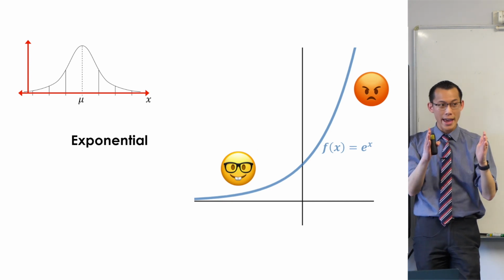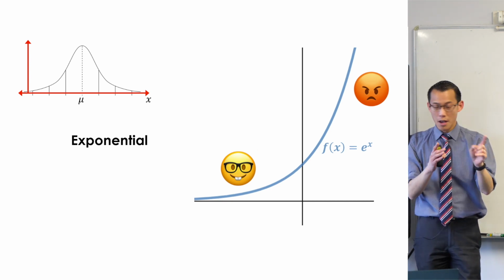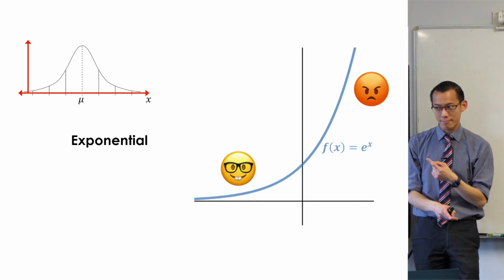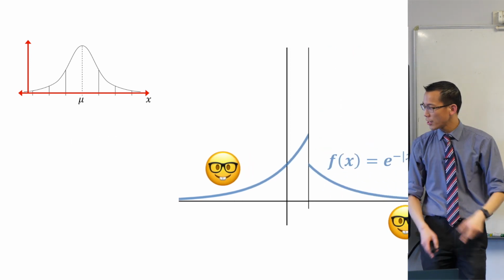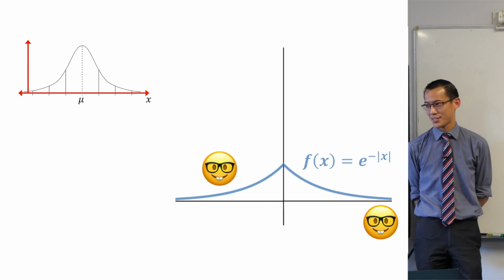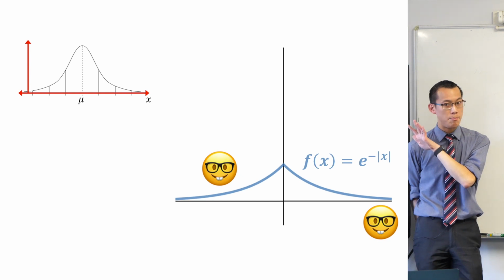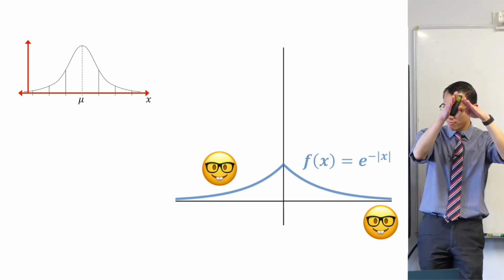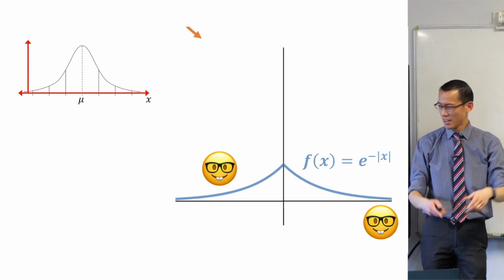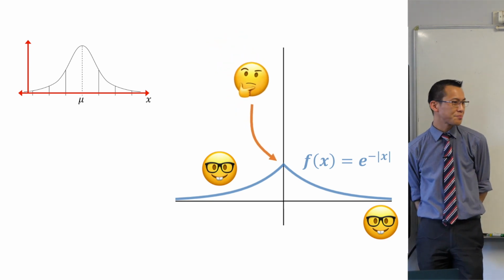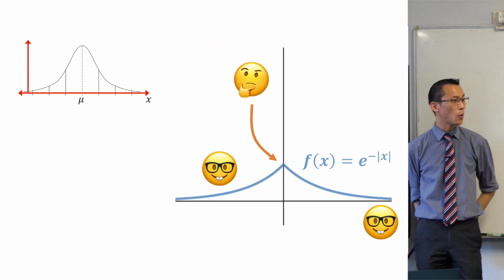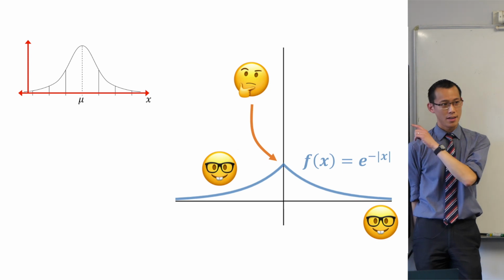Absolute value means always positive. But I don't want the positive side, I want the negative side. So here's what I'm going to do. I'm going to put a minus sign at the front of my absolute value. Are you with me? See what's going on there? Okay, so this is better. It's got that dual asymptote thing, okay? But then you've got a problem. We've solved one problem, but we've created another one.